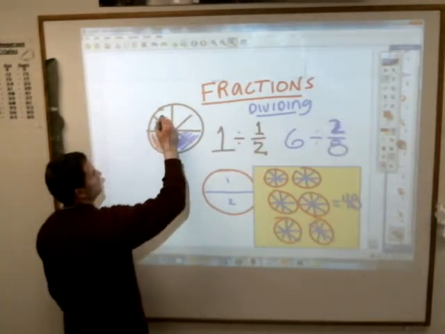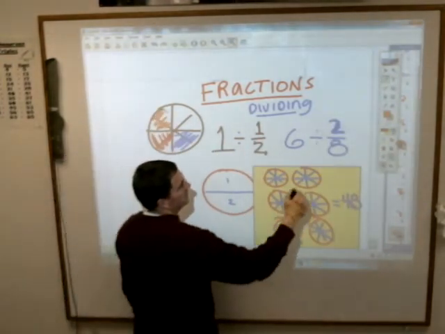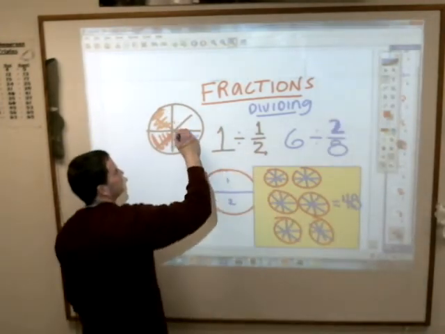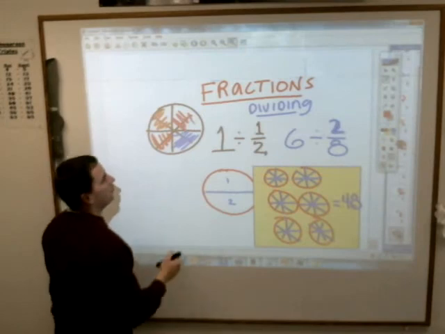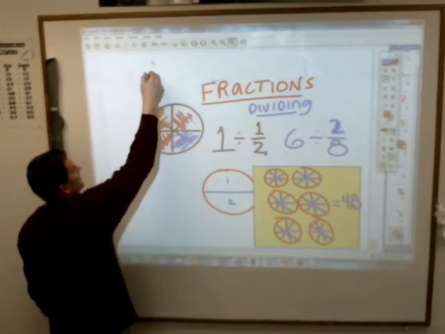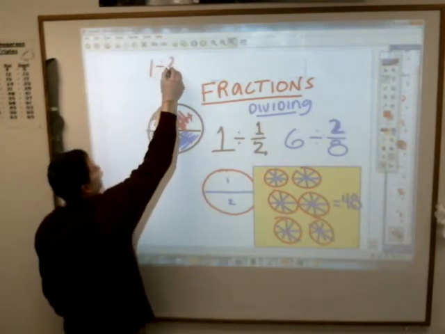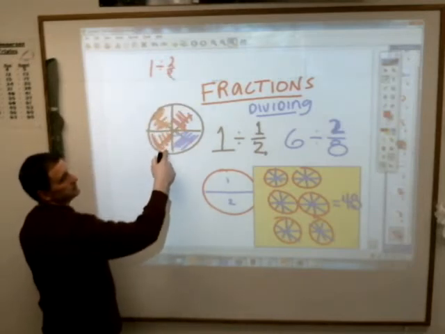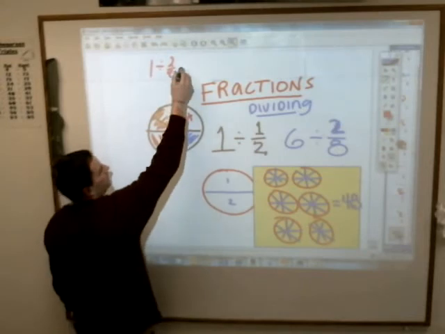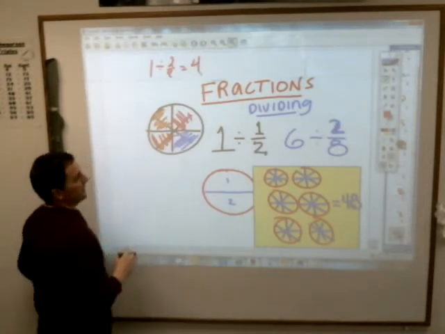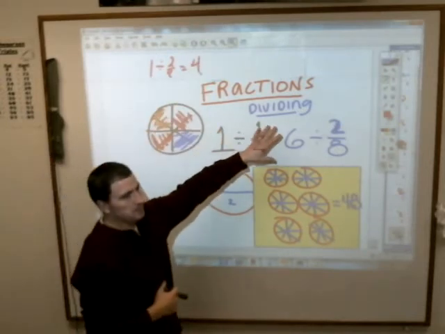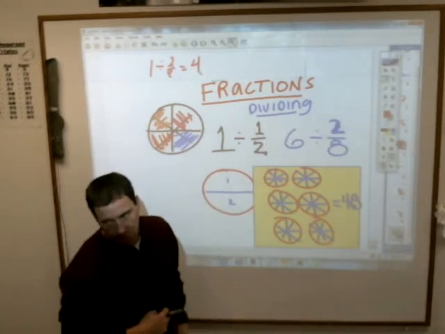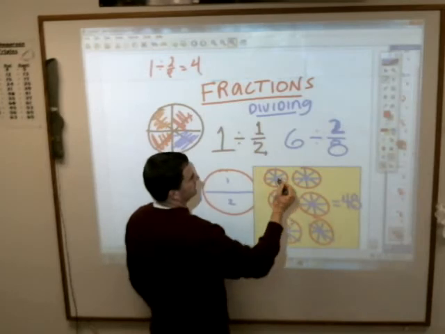Here is a third group, and here is a fourth group. So 1 pizza divided by 2/8: how many 2/8s did I take out of there? 1, 2, 3, 4 of them. So if in one pizza I get 4 2/8s, and 6 pizzas I'm going to get, Alex? 24.